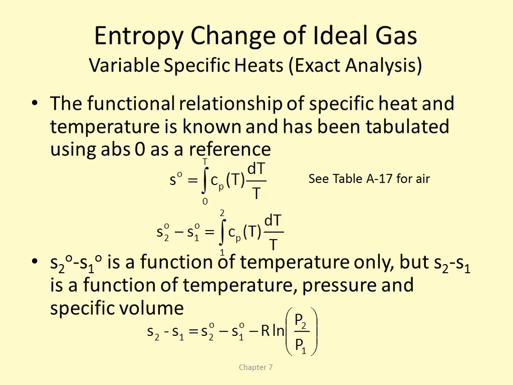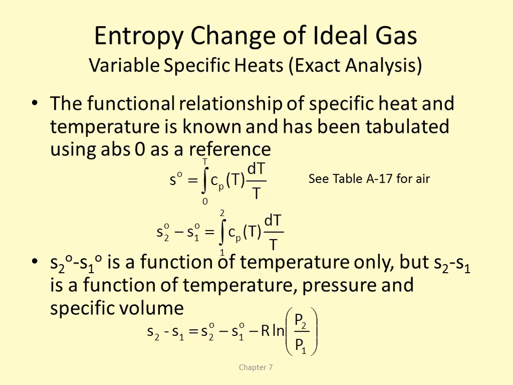If we want to do the exact analysis, now we need to use the table. So in the table, there's something tabulated called S superscript 0, and it's a reference entropy. This reference entropy is equal to the integral of C sub P of T dT over T. So these are already tabulated for us. We don't need to calculate this integral, but it allows us to calculate the entropy change using the tables rather than assuming constant specific heat.